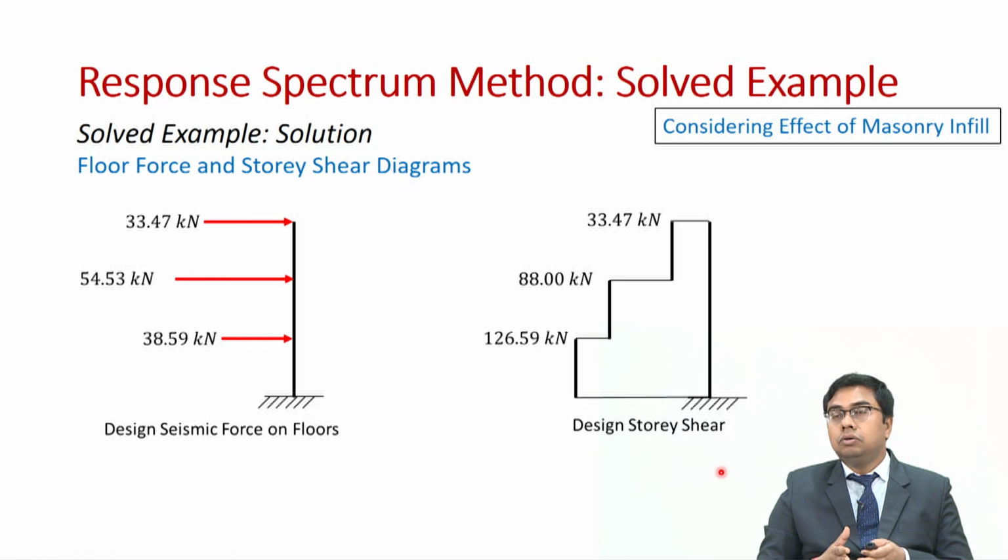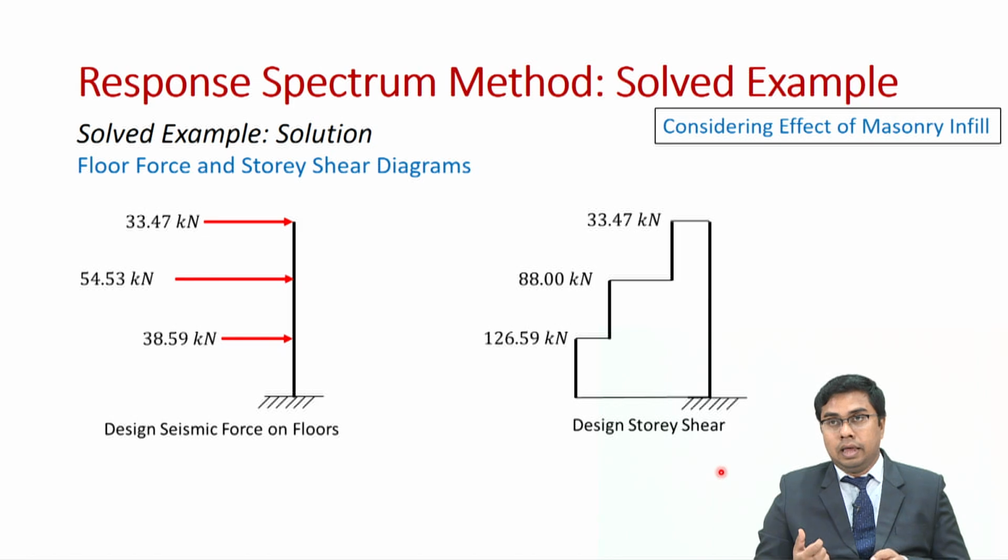Now, if we want to distribute it among various lateral load resisting elements such as columns and shear wall, then if your slab provides you rigid diaphragm action, then you can distribute it in proportion to the stiffness of various lateral load resisting elements.